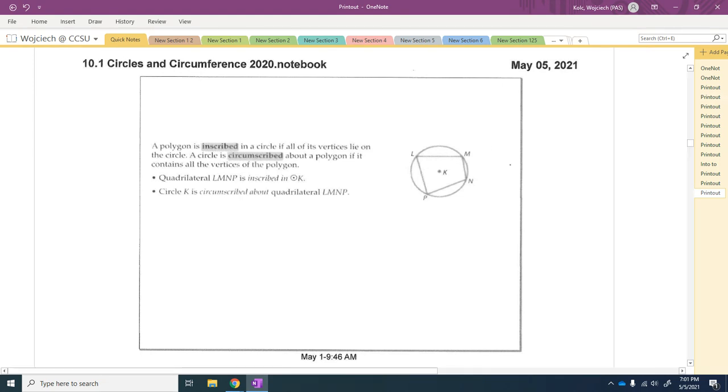And again, there are special quadrilaterals, okay? If you have this picture, this wouldn't be inscribed because this vertex here is not on the circle. Okay, to be inscribed, all the vertices have to lie on the circle.